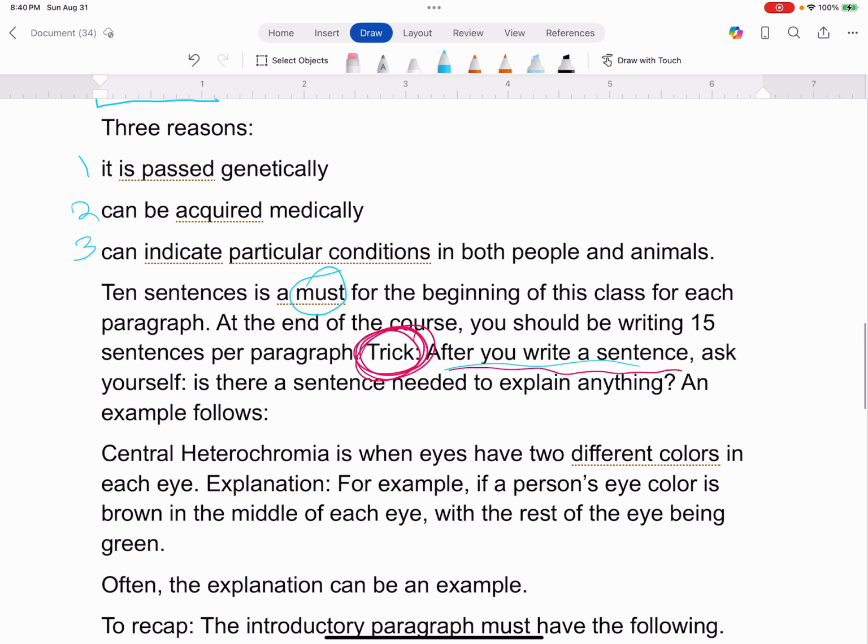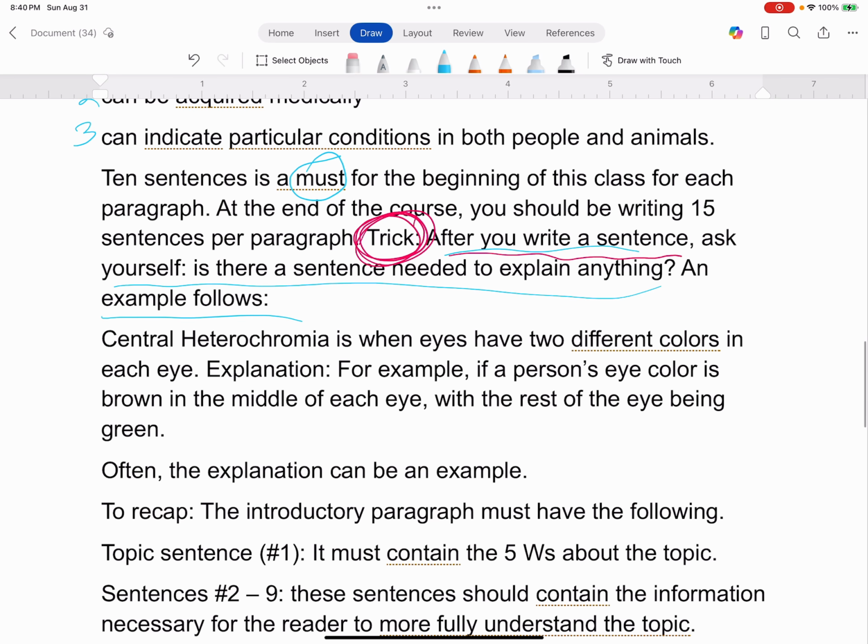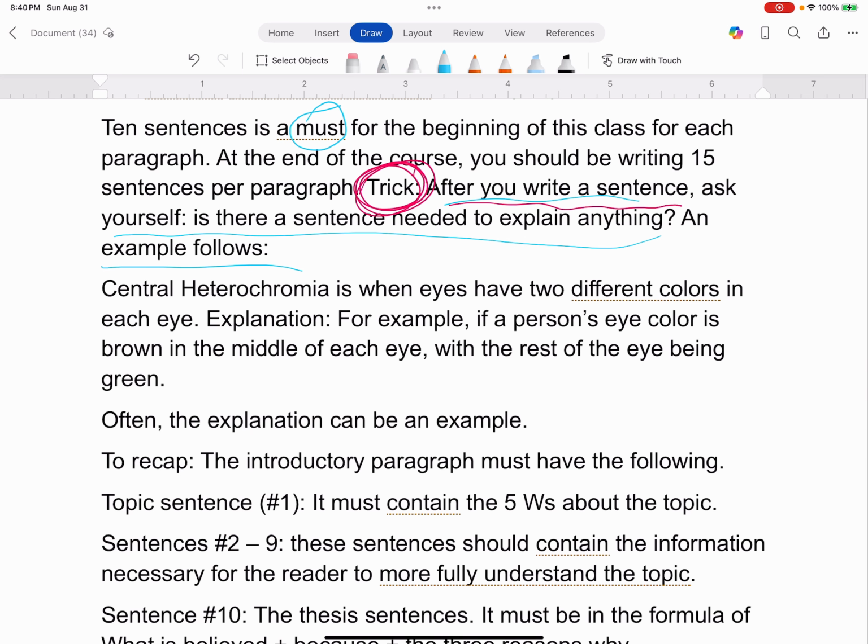Here is the trick. If you need to ask yourself if there's something else that you need, often the explanation can be an example. So if I said heterochromia is more prevalent in certain eye colors, for example, green eye color is only in 3% of the population, and heterochromia is only 1% of the 3%, you can go into an example.